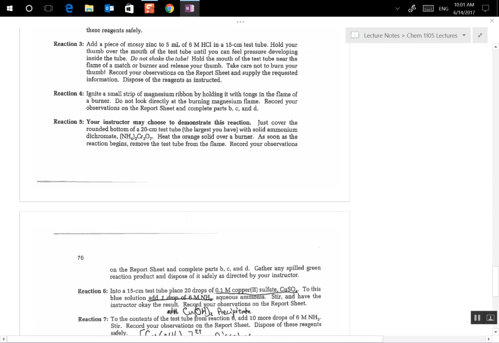Reaction 4, you're going to ignite a small strip of magnesium ribbon. Everybody always seems to like to do that. The magnesium is going to be very bright, so bright that I caution you not to look at it. You'll be able to see it if you hold it to the side.